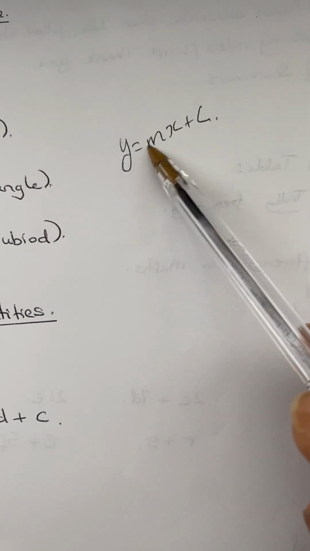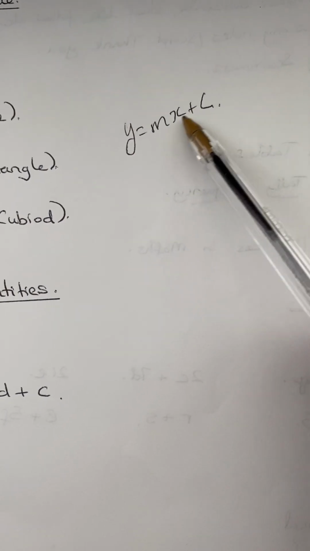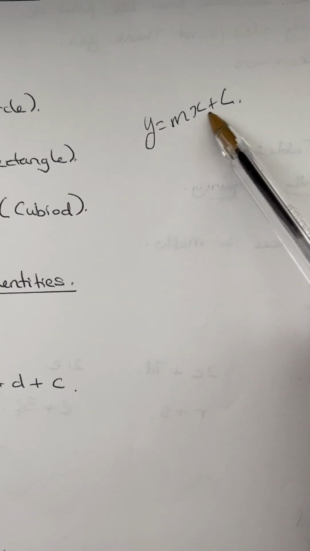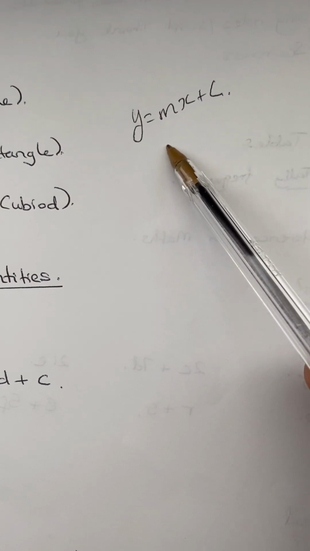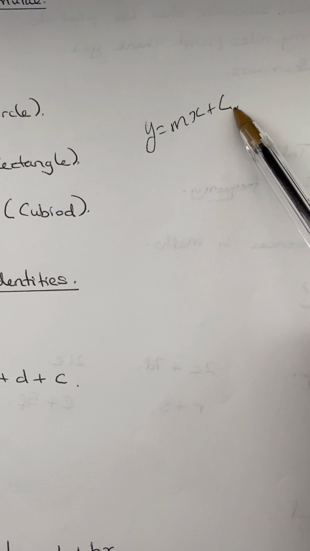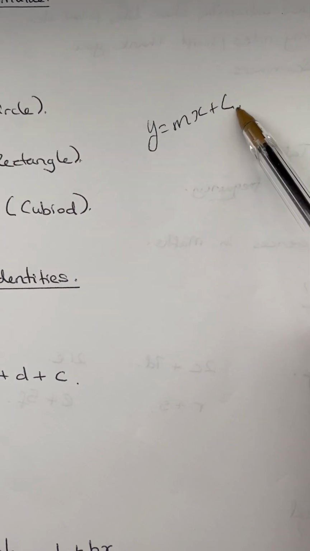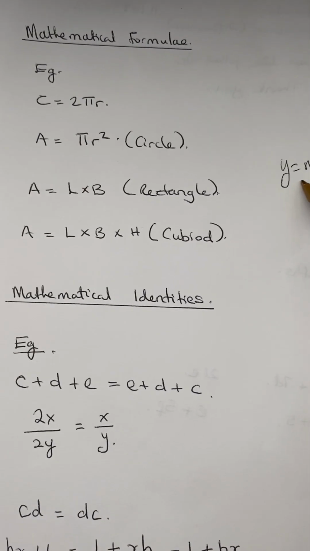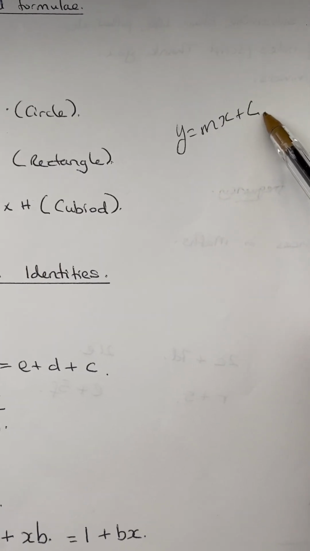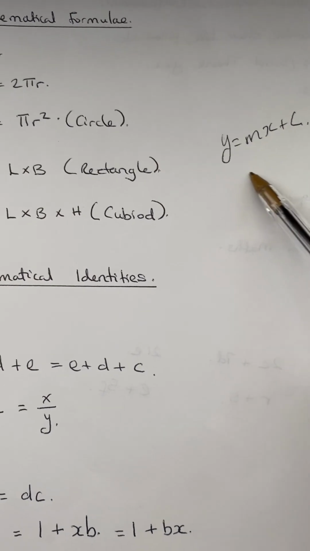So you can find your gradient on the graph, then find your y-intercept on the graph, and then insert them into this equation to find the equation of the line. So all these are formulas.